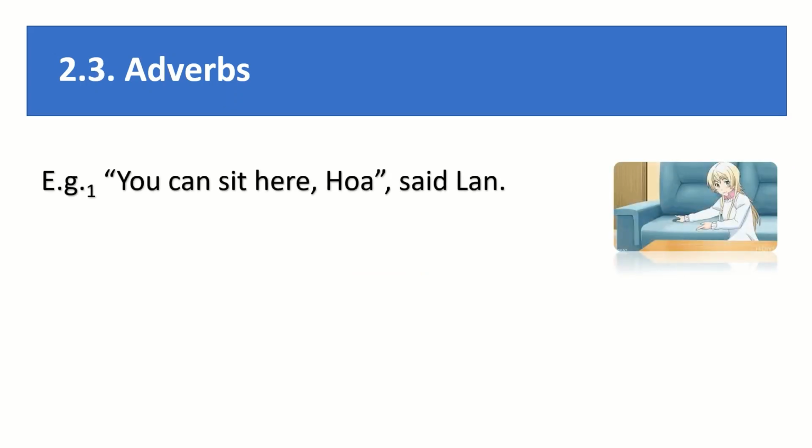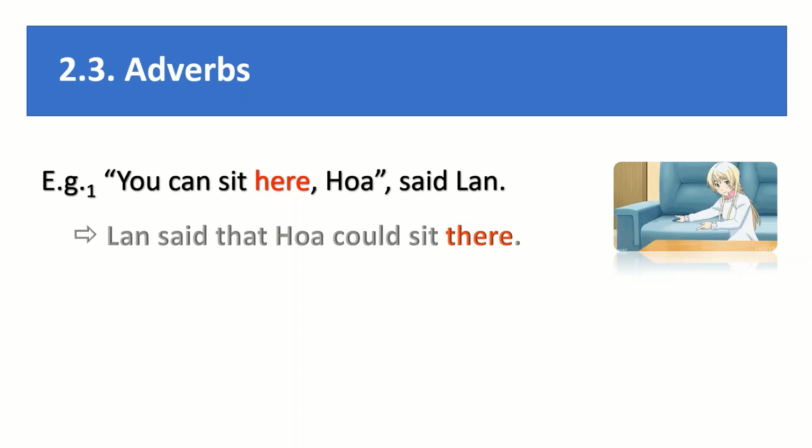For example, you can sit here, Hoa said Lan. In this sentence, Lan is the speaker, Hoa is the listener, and Lan said that Hoa could sit there. So we have to change here into there.